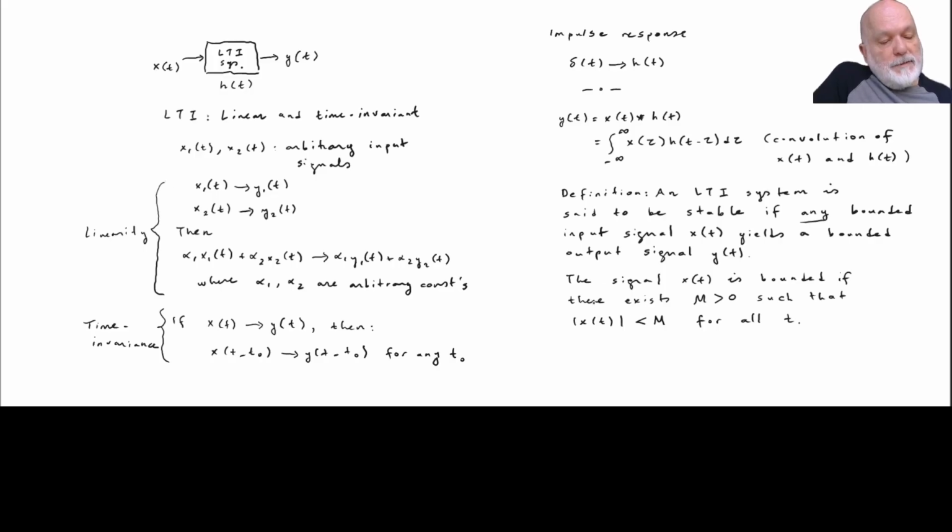So with this definition in mind, the definition of stability is clear. The system is said to be stable if any bounded input signal yields a bounded output signal y of t, corresponding to that input signal x of t.